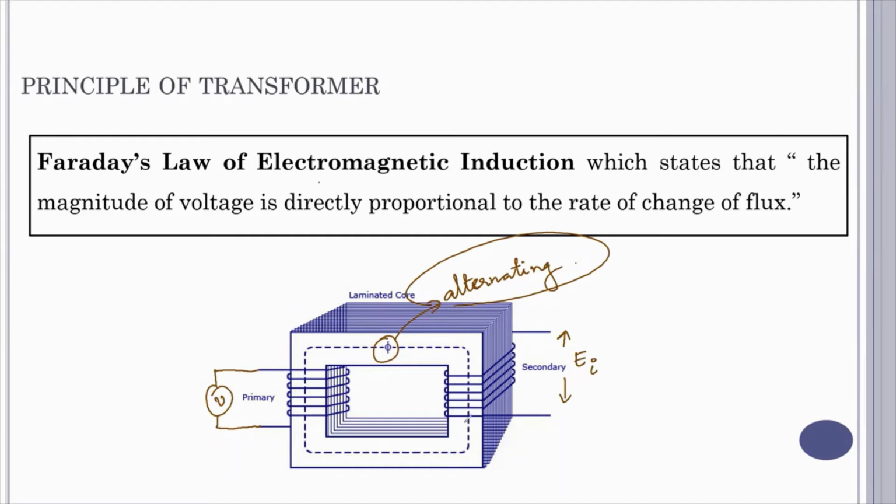So the flux cuts the secondary, and as this flux is alternating in nature, an EMF is induced in the secondary, and thus power is transferred from one circuit, that is the primary circuit, to the secondary circuit using a transformer.